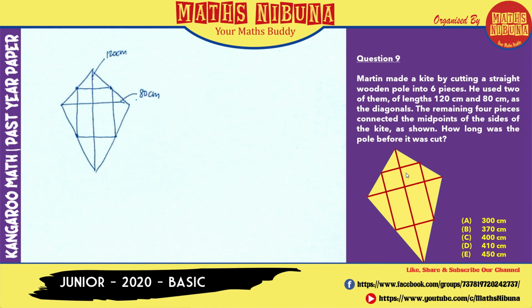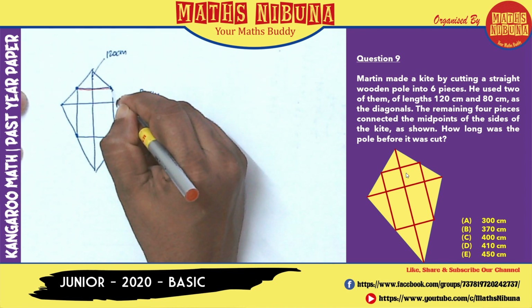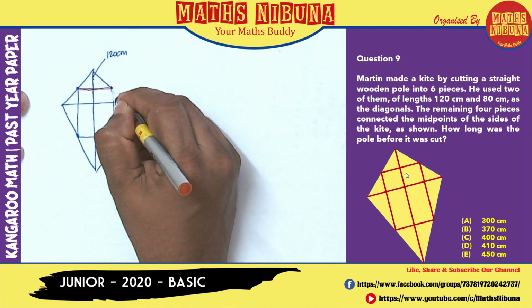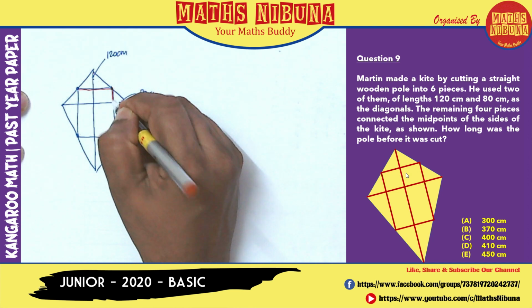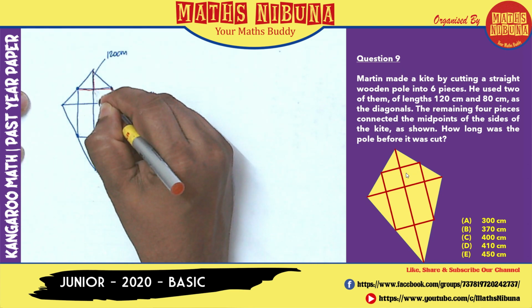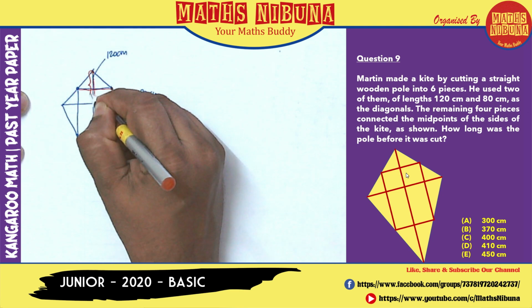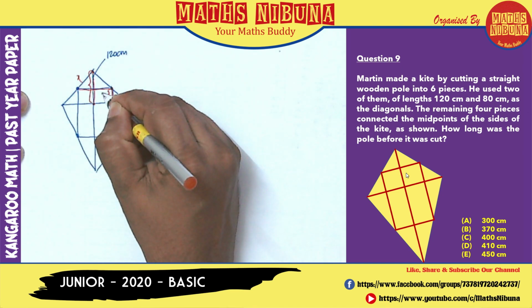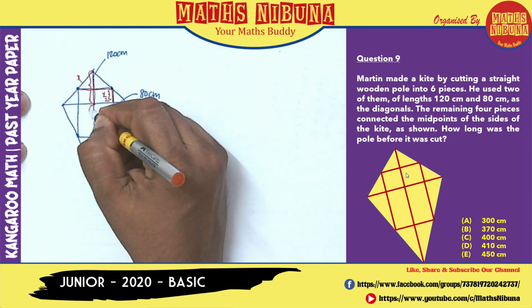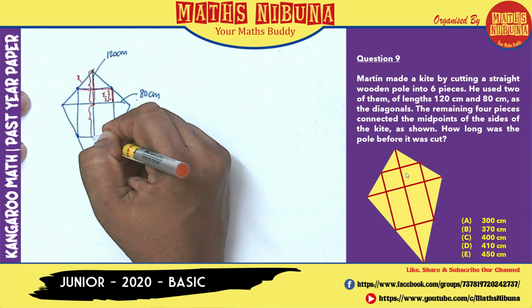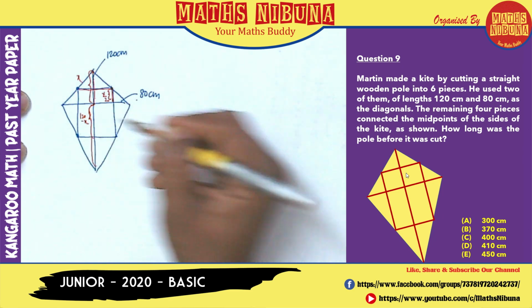When we see this is 120, see this is the middle, so we don't know this one, but what we can conclude is, if this length is x, this must be x over 2. And the rest should be 120 minus x.